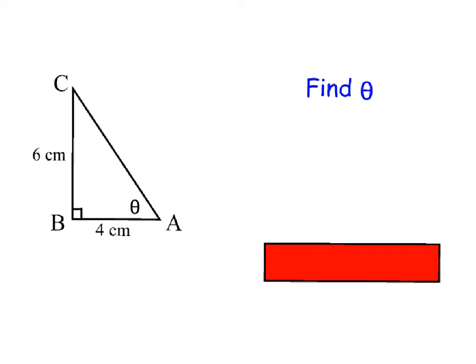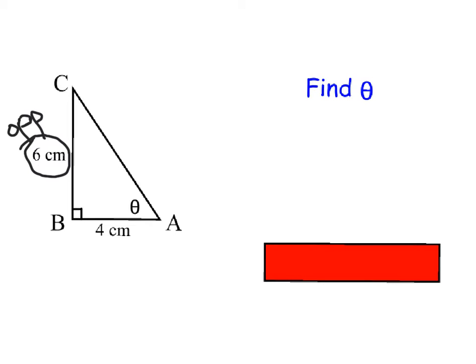So we do that by setting up an equation just like before, using the trig ratios based on whatever sides we have. So when you look at theta, you notice that the side you have across from it, or opposite it, is 6. So we have the opposite. And then there's a side right next to it.